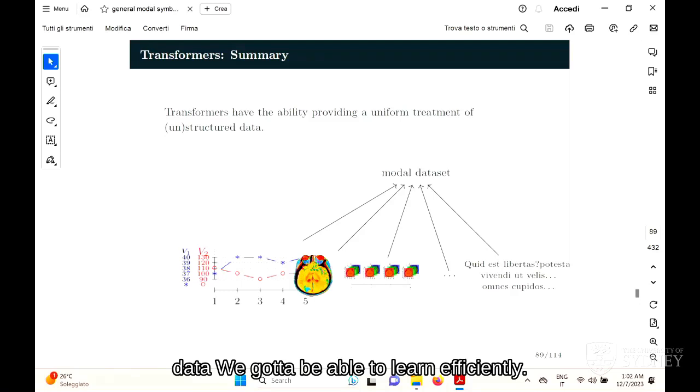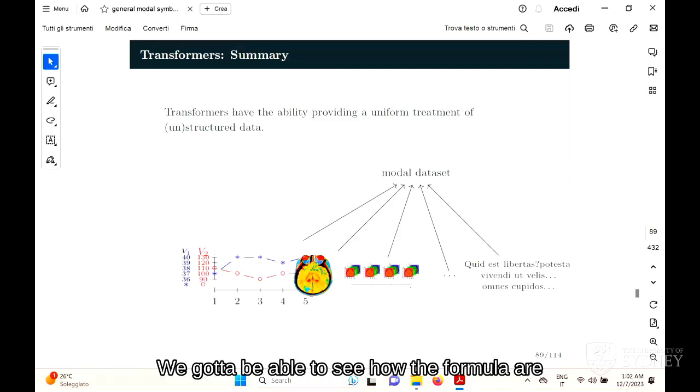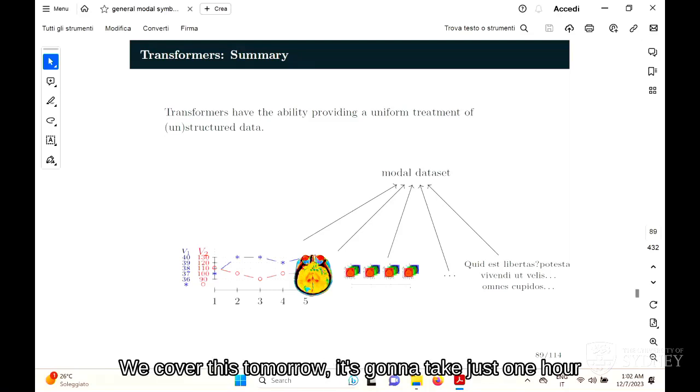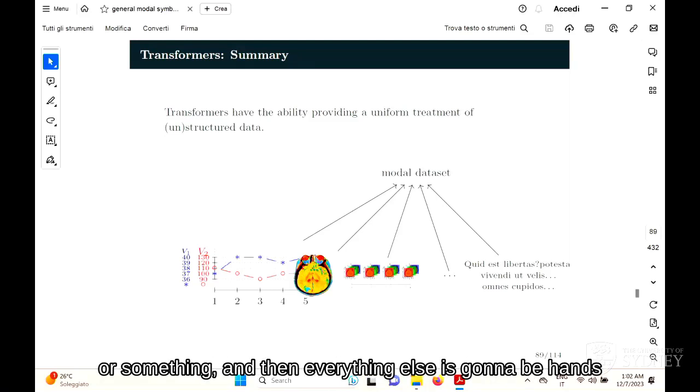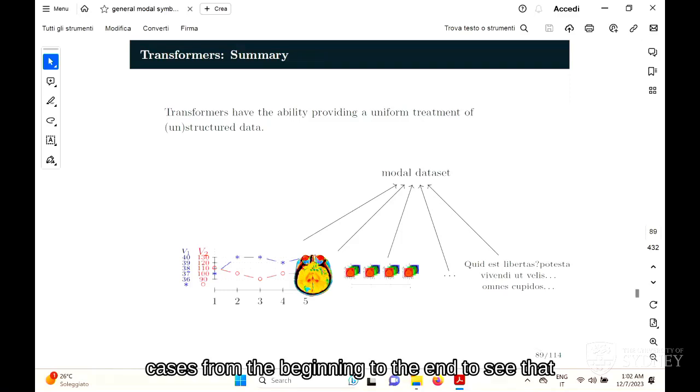We have to be able to learn efficiently, and we have to be able to learn ensembles of these things. We have to be able to see how the formulas are, to work with them. We cover this tomorrow. It's going to take just one hour or something, and then everything else is going to be hands-on. Giovanni is going to show you some of these cases from the beginning to the end, to see this is not just words in the air. Okay?